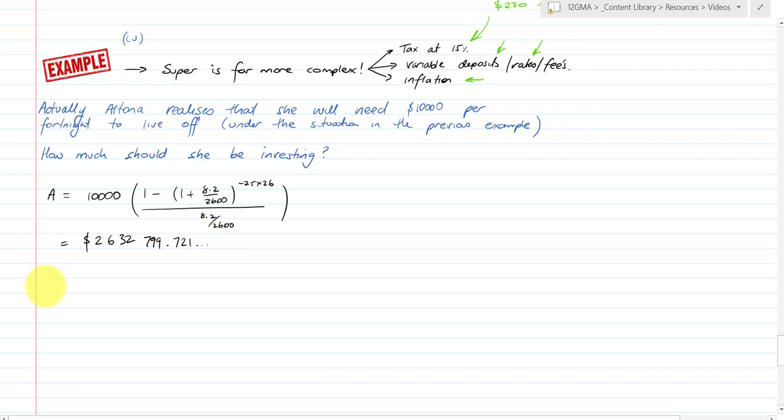And that means that because A is equal to M times that other stuff, well, I'm going to use my A value there. M times by, and now we're doing that other annuity, which is the 1 plus the deposit phase, 8.2 over 2600 to the power of 45 times 26 minus 1 over 8.2 over 2600.